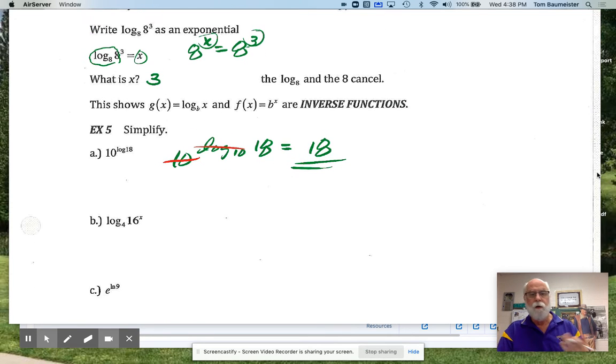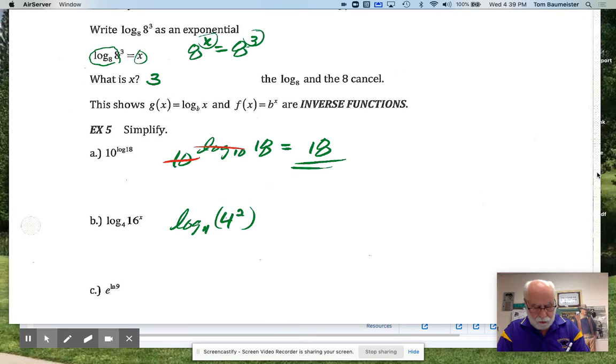All right, now they're going to kind of throw other things at you just a little bit, but on this one, we're going to do the same thing. So we're going to have log to the base 4. Now remember, if I want something to cancel, I have 16, but I have an x there. Can you write 16 as something raised to a power? And you would say, yeah, 16 is 4 squared.